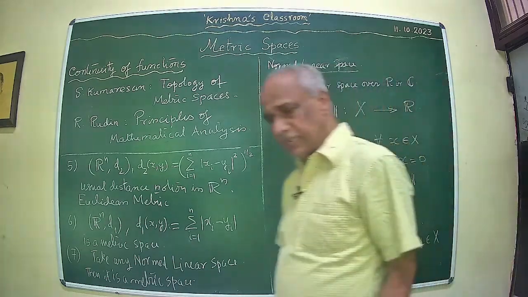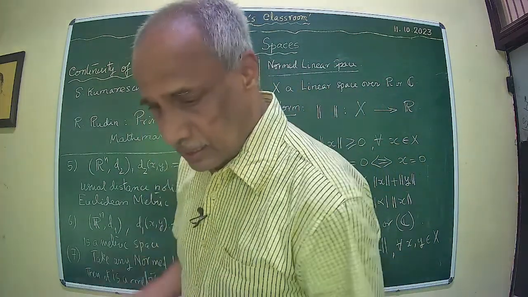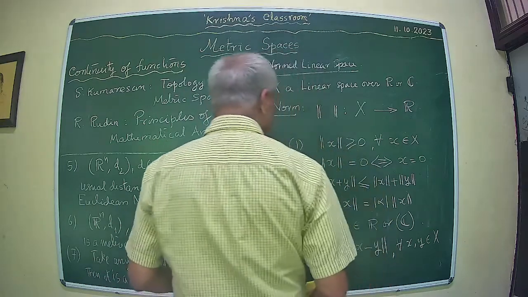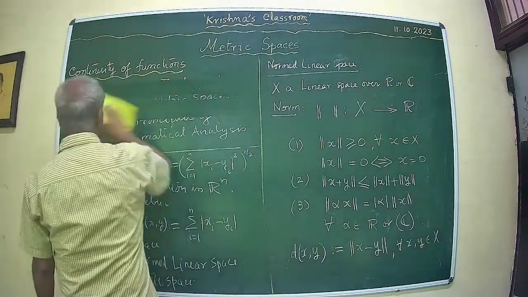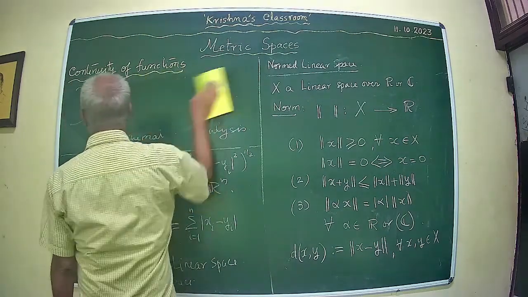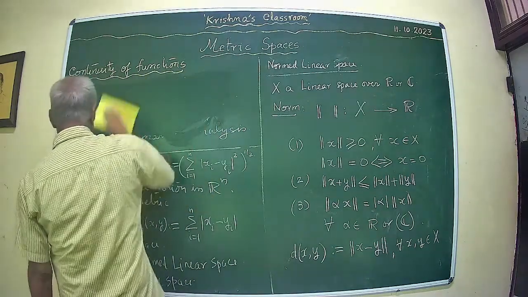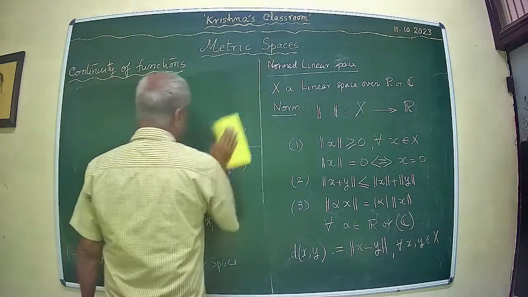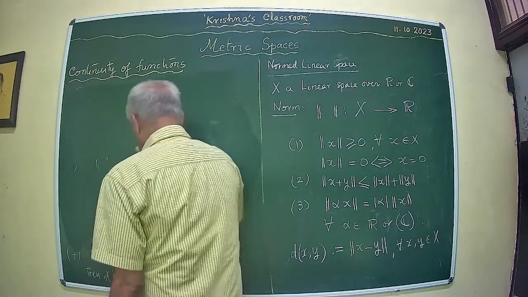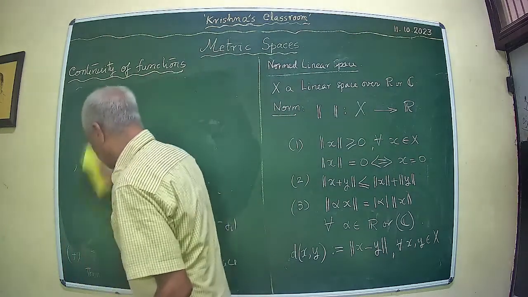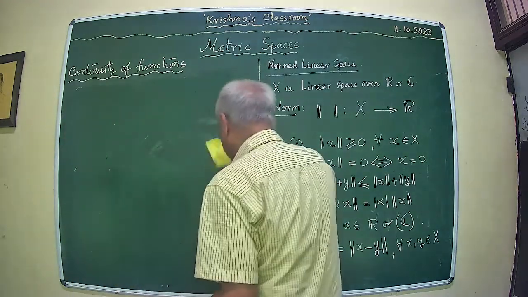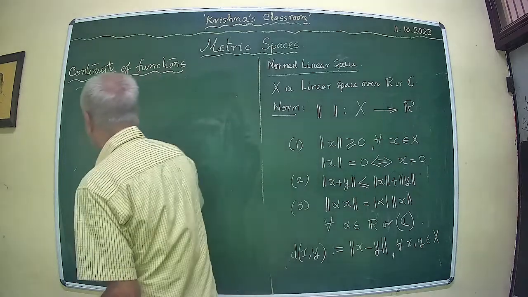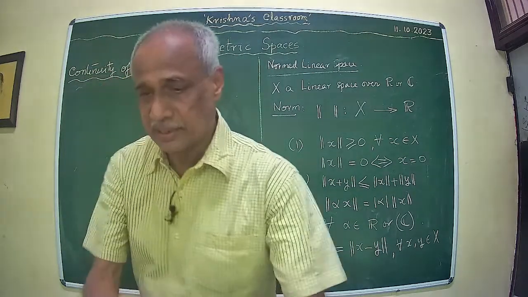Now another special normed linear space that we would be probably interested in will be the following. This is what are called inner product spaces. This is the generalization of the concept of dot product on Rn.